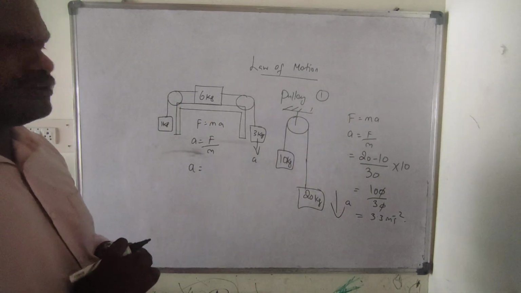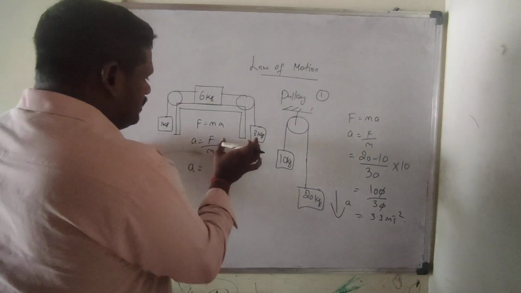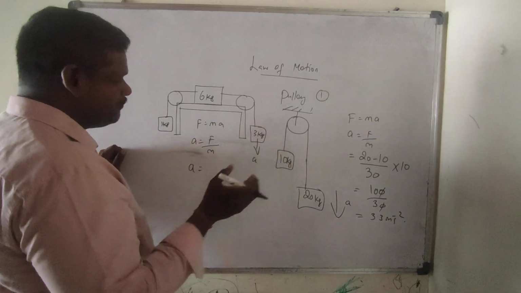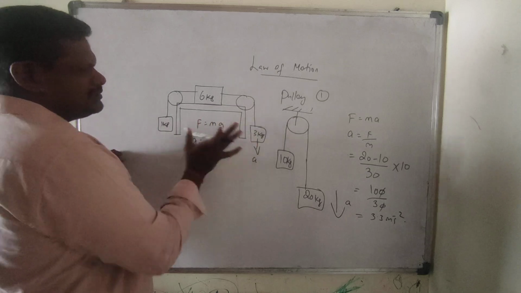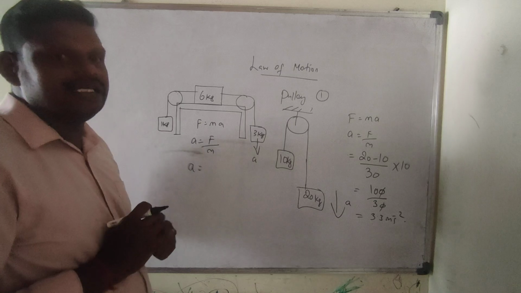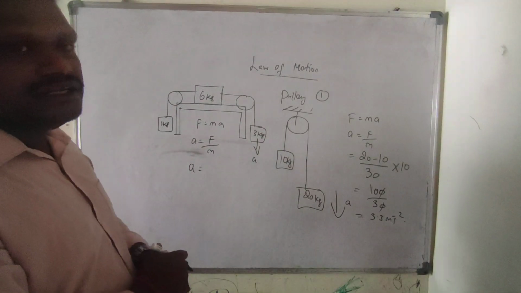So, we do not use this mass. The unbalanced force comes from the masses hanging, here 3 kg, here 1 kg. These two masses only exert a force.